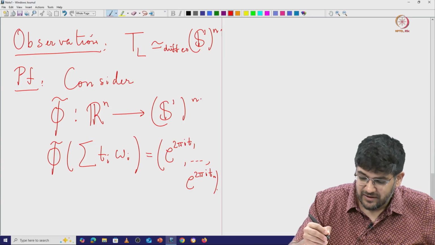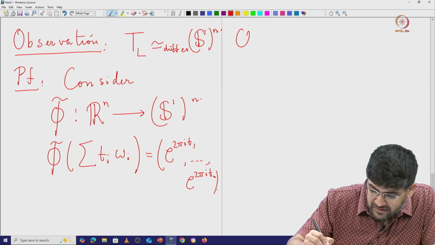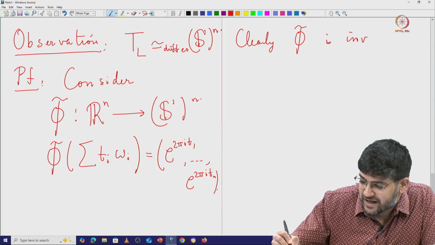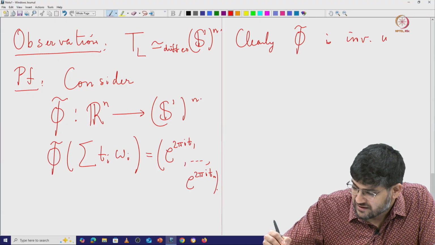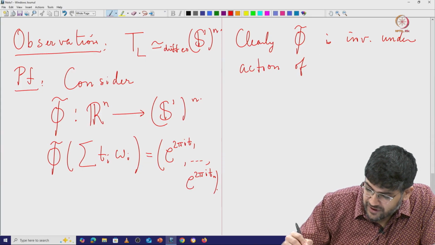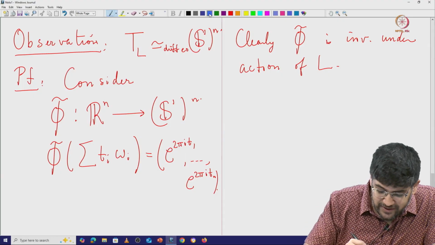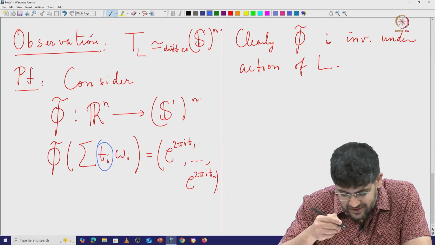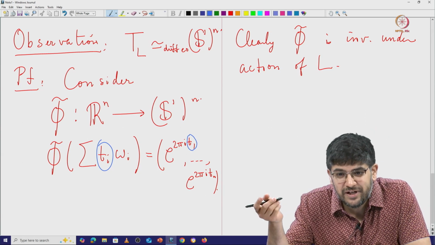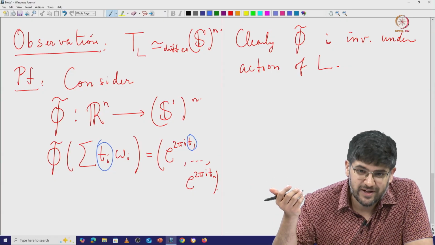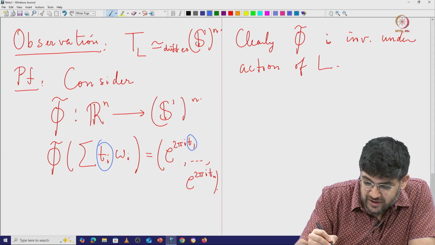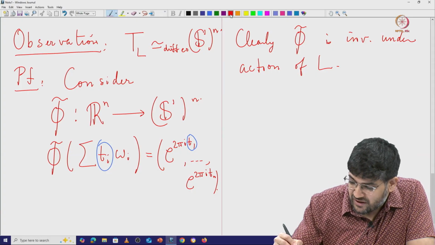Then clearly phi tilde is invariant under the action of L. Why? Because if you modify these coefficients by an integer, then the effect is that you multiply by 2 pi i times some integer, but e to the 2 pi i times some integer is just 1, right? So clearly phi tilde is invariant under the action of L.